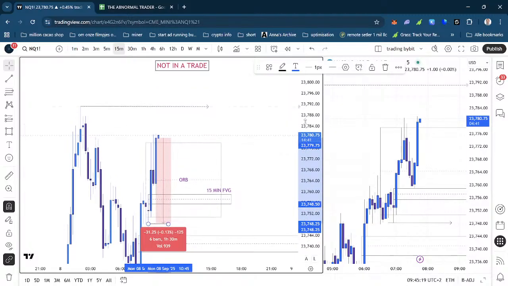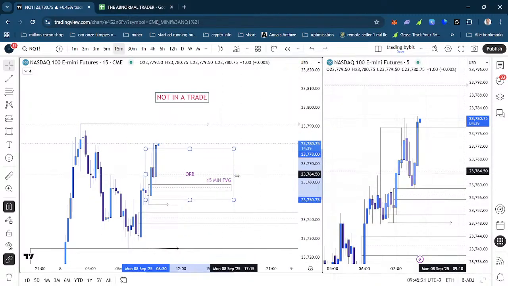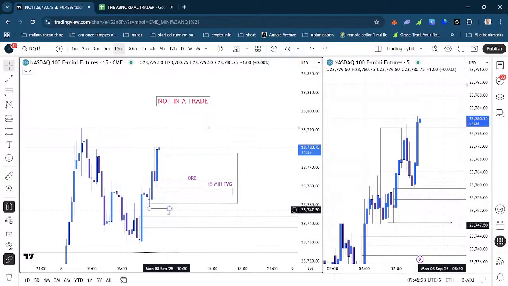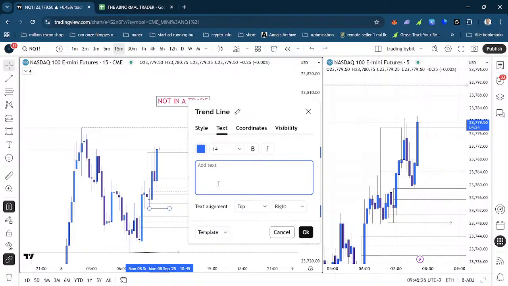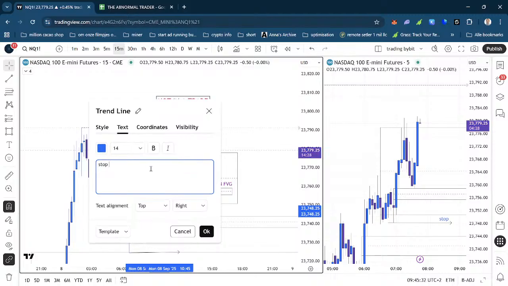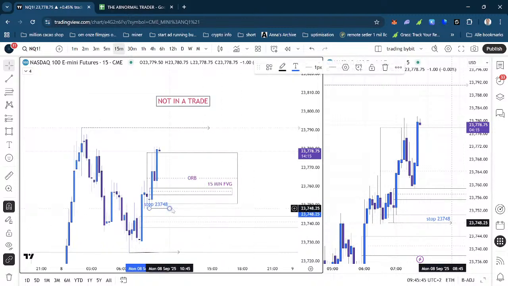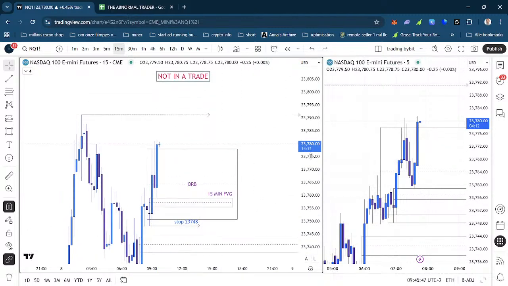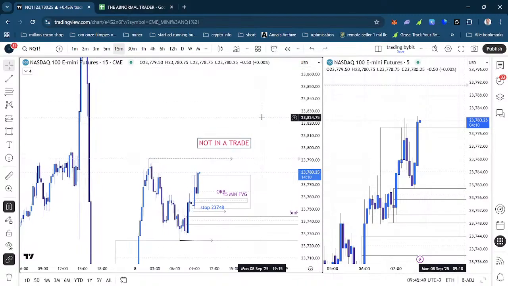So that's $60 per contract. This is also my stop, by the way. So stop should be here. Stops are at 23,748. So these are the stops. Target, yeah, that would be definitely.